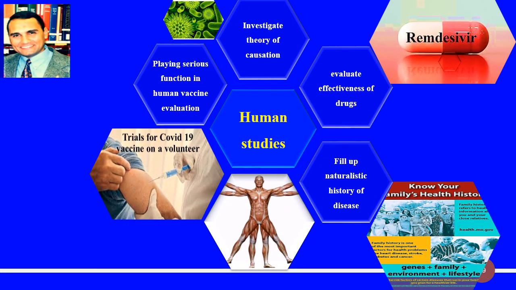Experimental epidemiology in human studies leads to investigating the theory of causation, also evaluating the effectiveness of drugs, filling up the natural history of disease, how it is caused, and playing a serious function in human vaccine evaluation.